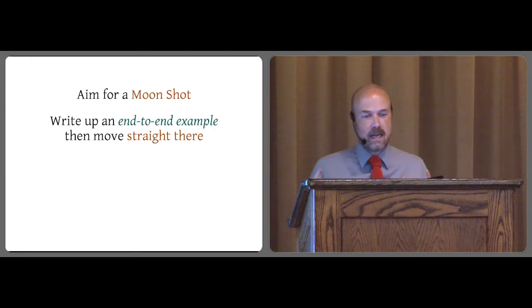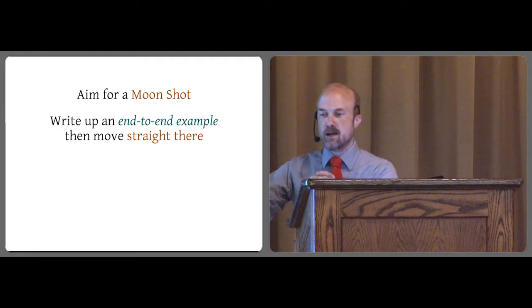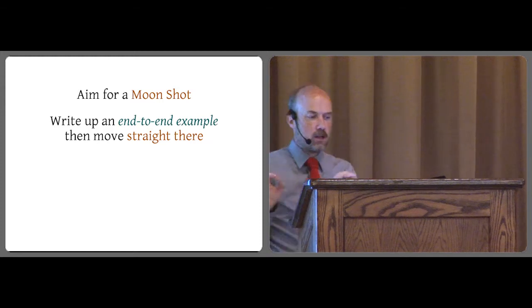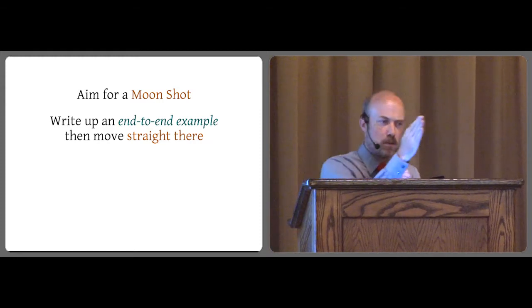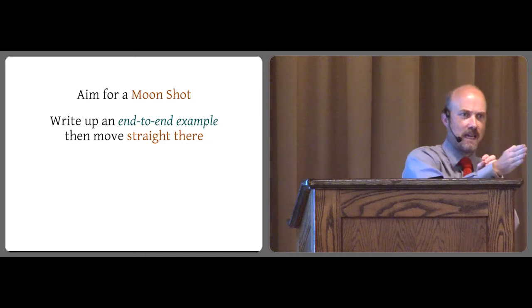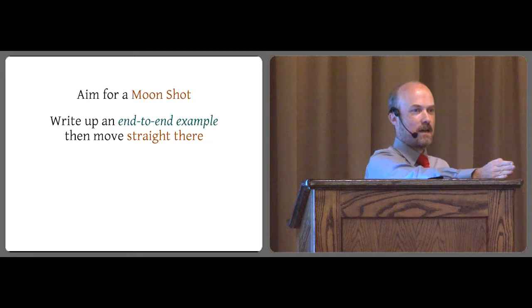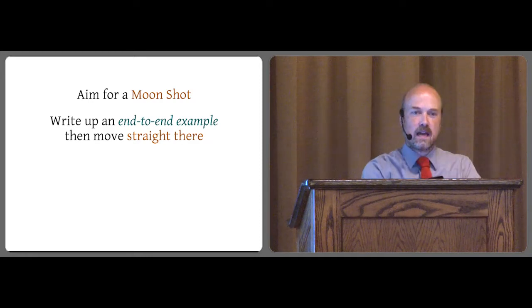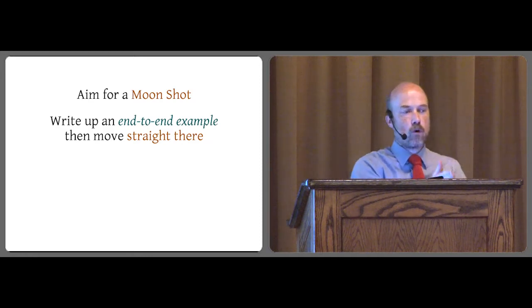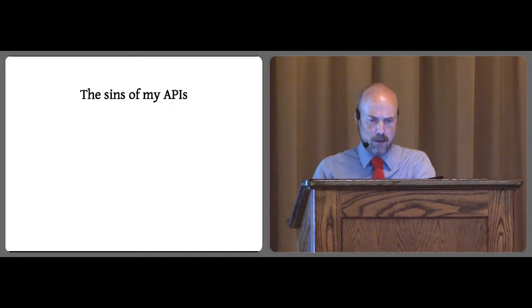Again, I'll aim for kind of a moonshot. I will say, all right, next I want the library to do this, and I'll try to write the simplest possible code to get me there, ignoring for the moment special cases, and try to just get it working. Because then I can check in, and then I can go back and write a test for all of the little special cases and other features I want to do along the way.